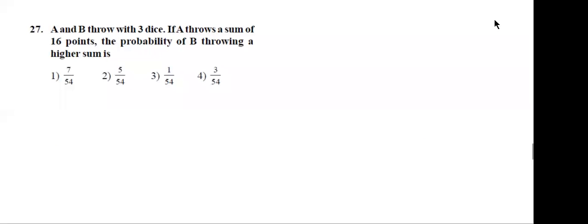A and B throw with 3 dice. If A throws a sum of 16 points, find the probability of B throwing a higher sum. Here we need to find the probability of B only.